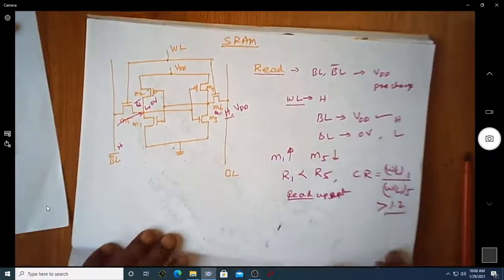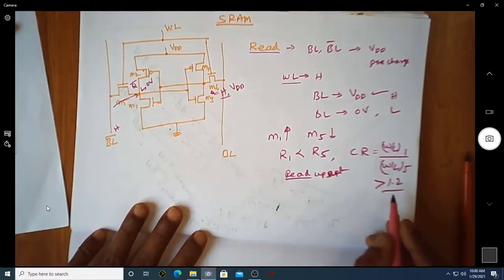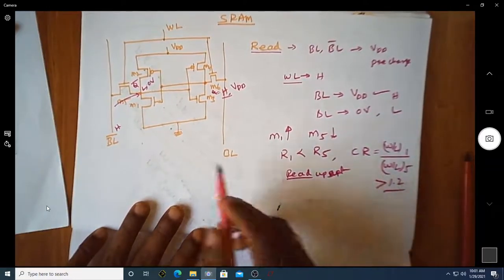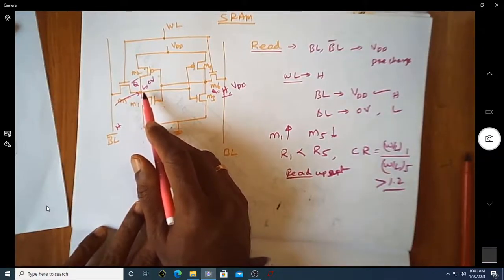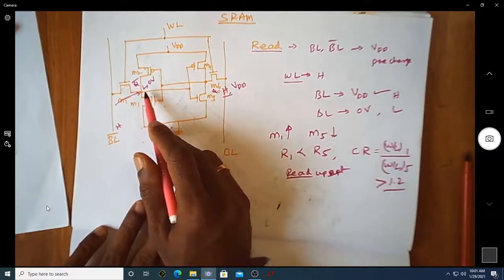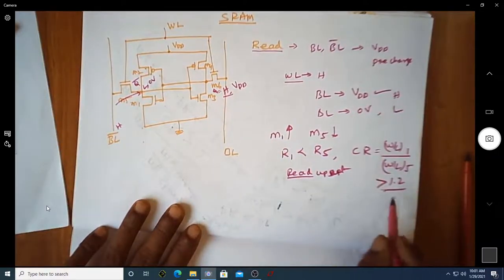The number 1.2 is specified in the textbook: if the value of CR is more than 1.2, the voltage will never go above 0.4. Suppose the value of CR is less than 1.2.